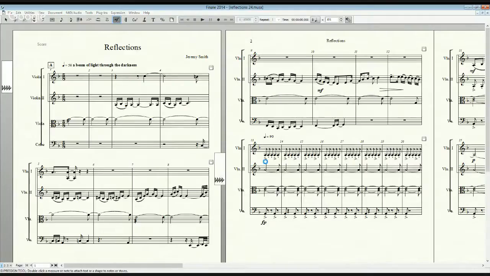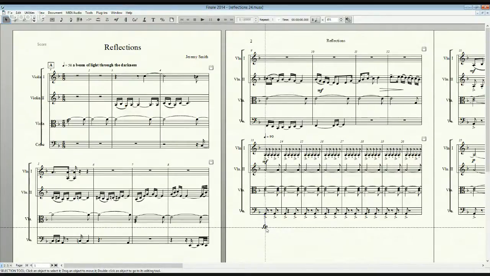Okay. I just want to hear if this is articulating this. Measure 13.